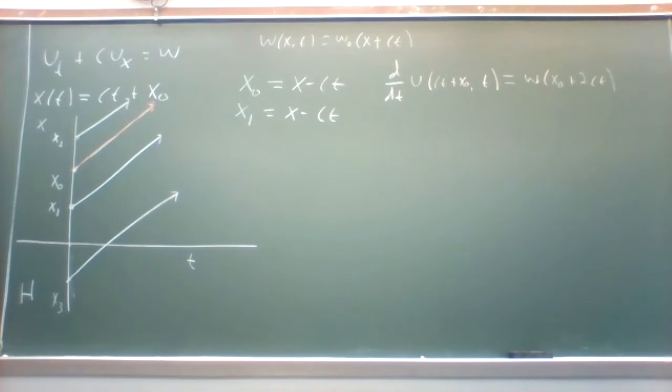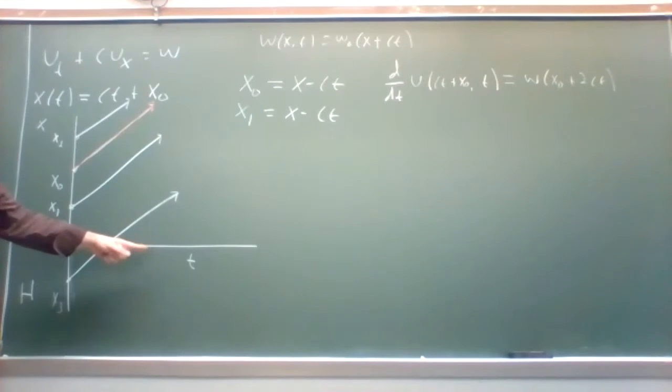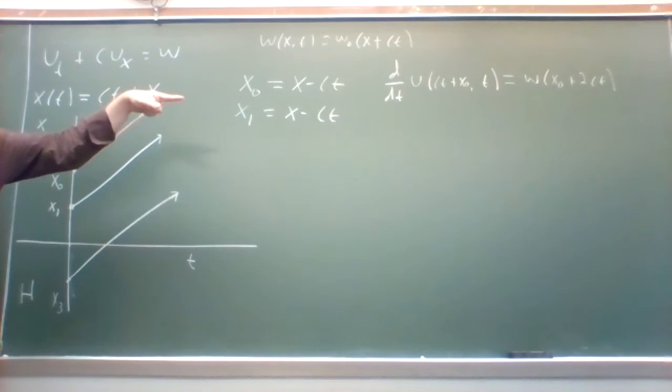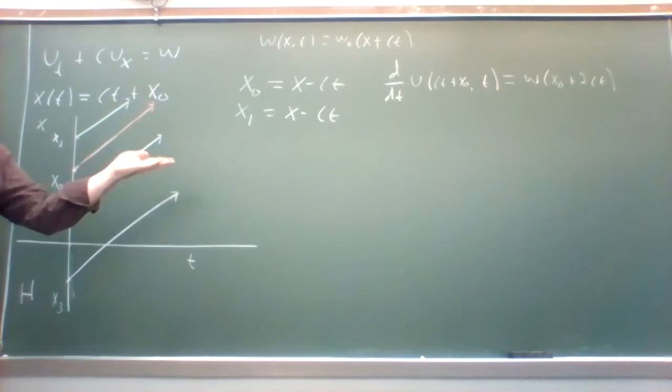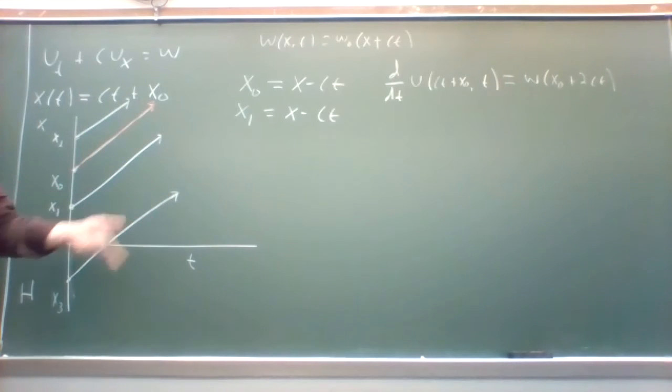And so method of characteristics says you're solving this ODE on that line. This is really a function that takes t as an input and then goes up to the line and then plugs that into u. Then you're differentiating that and it's equal to w evaluated at x naught plus 2ct.